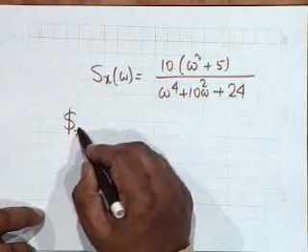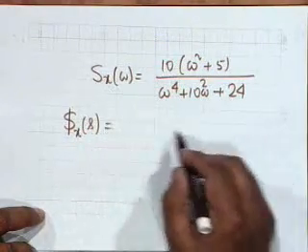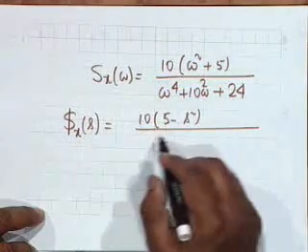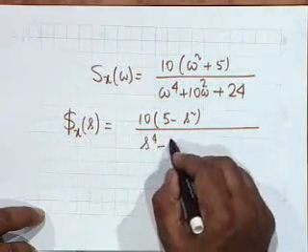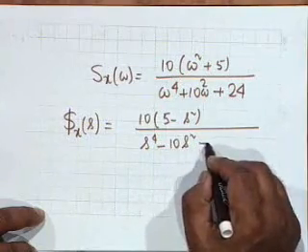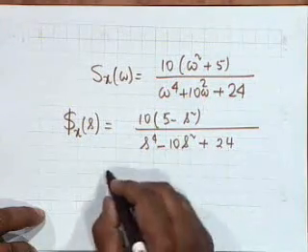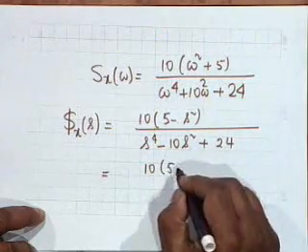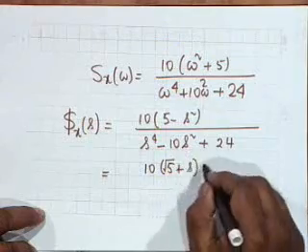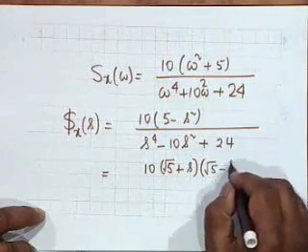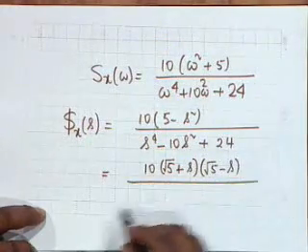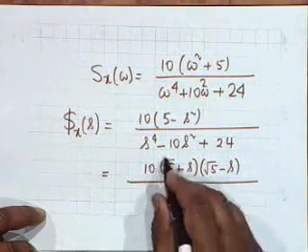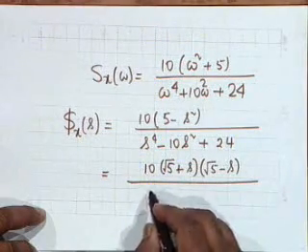Then my analytic continuation becomes 10 times 5 minus s squared divided by s to the 4 minus 10 s squared plus 24, which I can write as 10 times root 5 plus s, root 5 minus s, divided by, what can I write about this? s squared, 4 and 6.